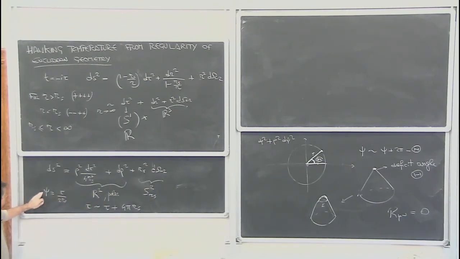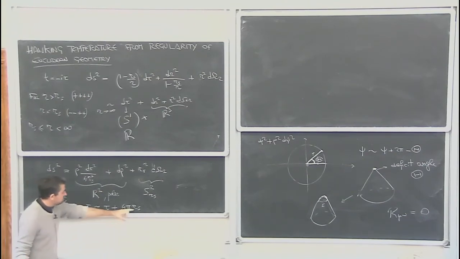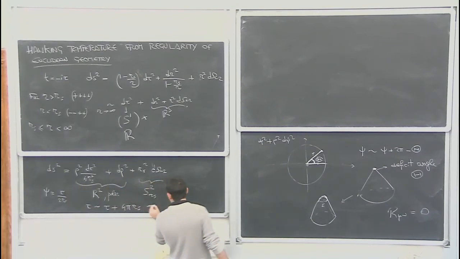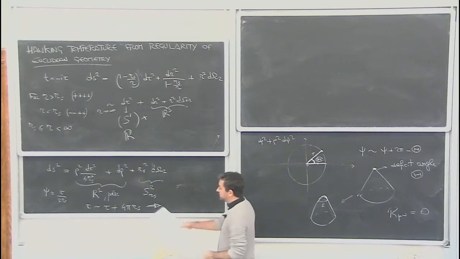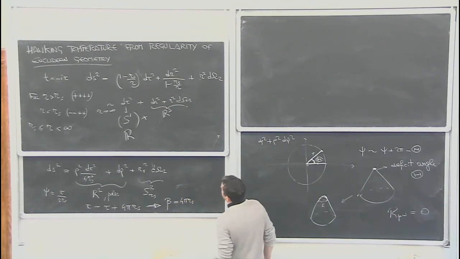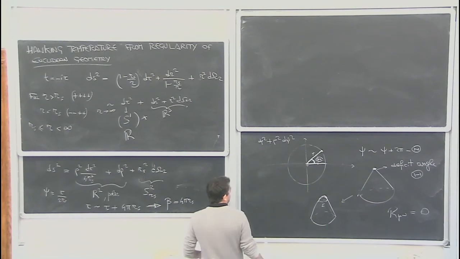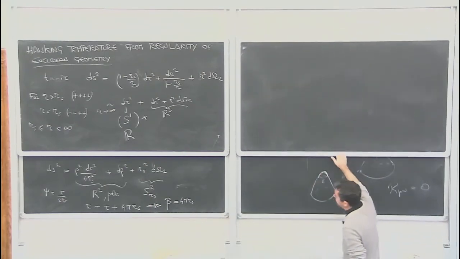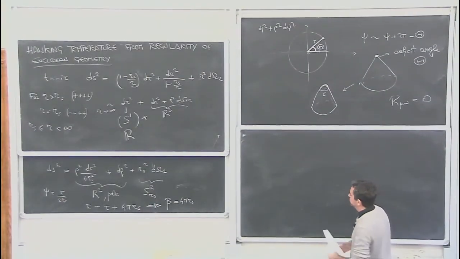Because psi is identified up to 2 pi, and tau is identified up to 2 pi times 2 Rs, which is 4 pi Rs. So beta, the length of the Euclidean time circle, we call it beta, is 4 pi Rs. But this really deserves some more space, so I do this here.